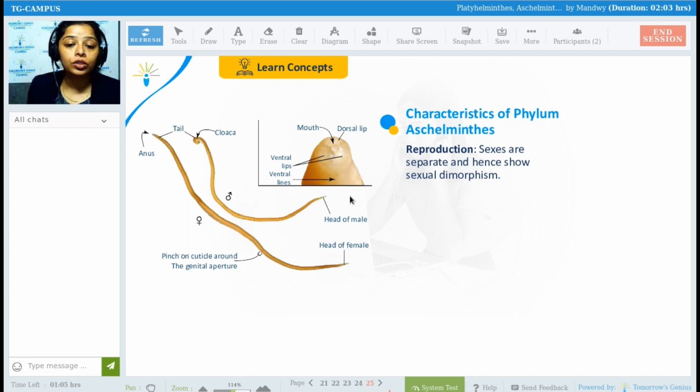Number one, male is shorter than female. The tail of the female is straight, whereas the tail of the male is curved or bent.